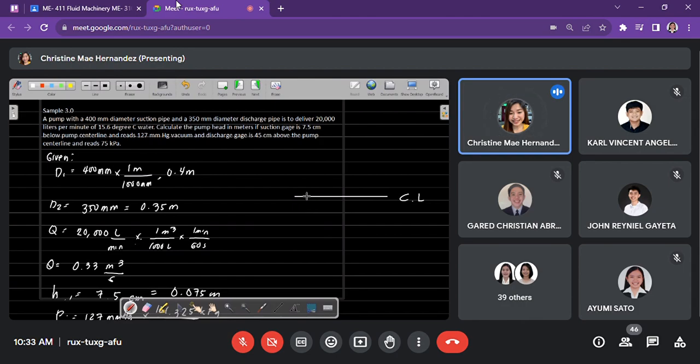So, meron daw tayo 7.5 cm. And sa discharge gauge naman is 45 cm above the pump center line.